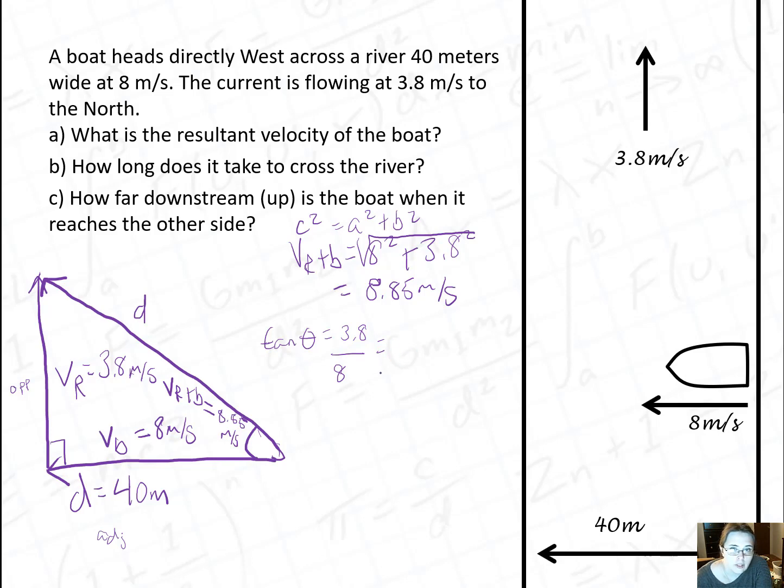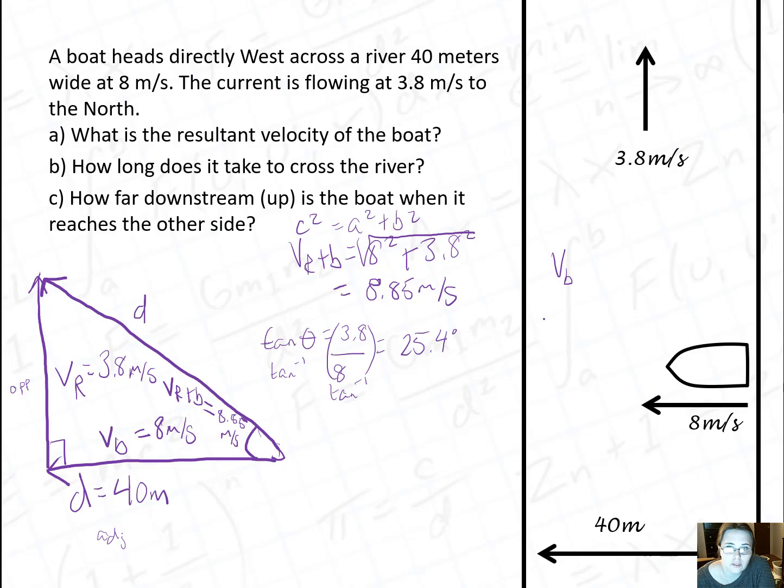To get theta by itself, we take the inverse tangent. So that is equal to 25.4 degrees.